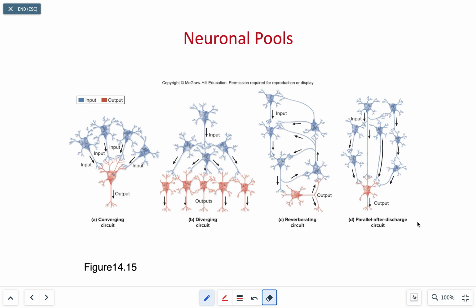And finally, the last one we see is the parallel after discharge. Parallel after discharge is really interesting. You can look at this as critical thinking. We have several neurons that are processing the exact same information at one time.